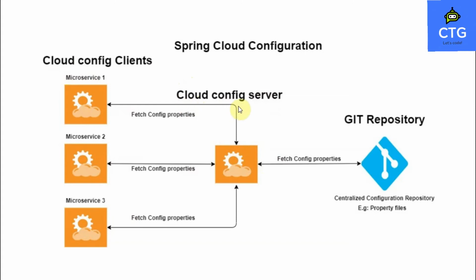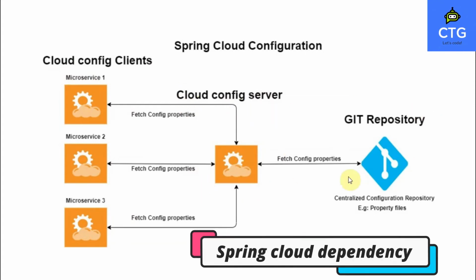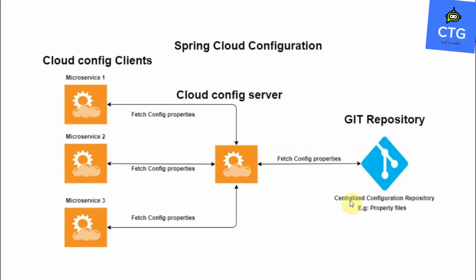The cloud config server is the mediator which interacts with the repository that holds all the configuration, basically the centralized, externalized configuration. Why do we say the word externalized?